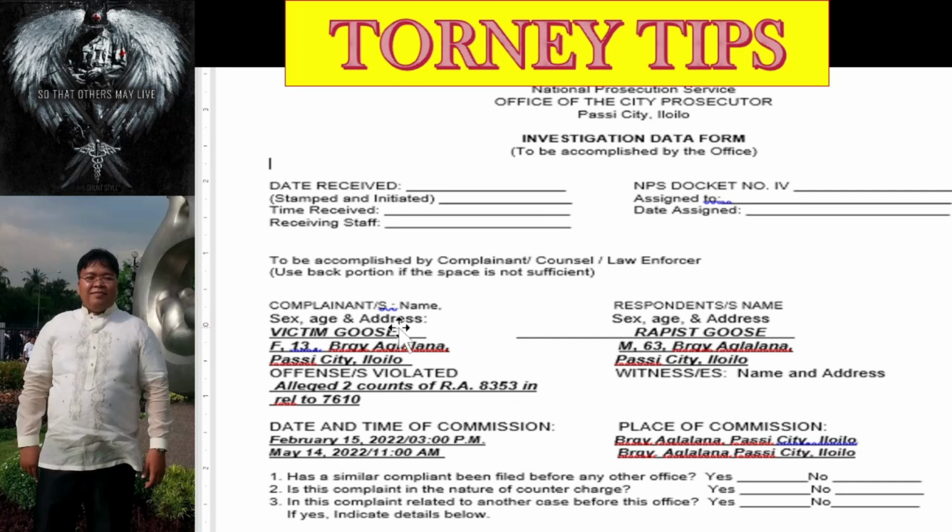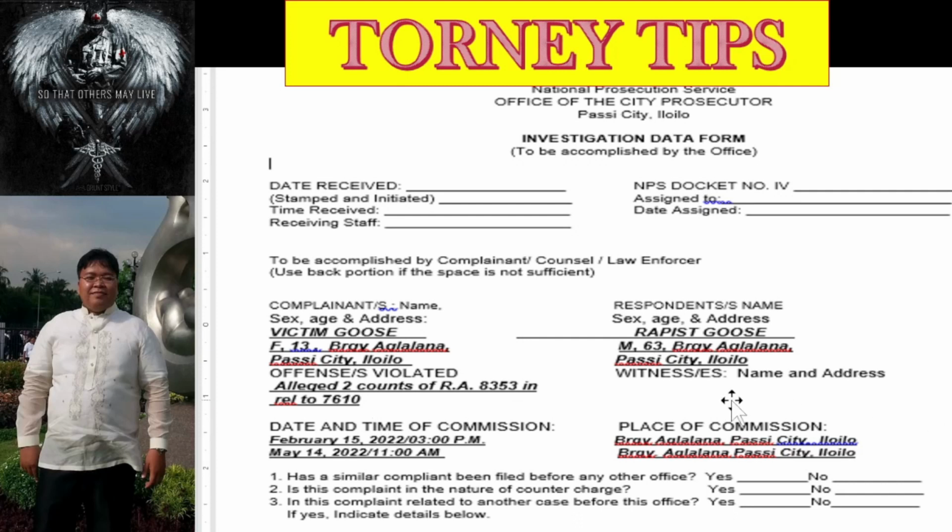What are the necessary things to be included in the filing of a complaint? First, you need the name of the complainant, the victim, then the respondent, the one accused in the criminal case.